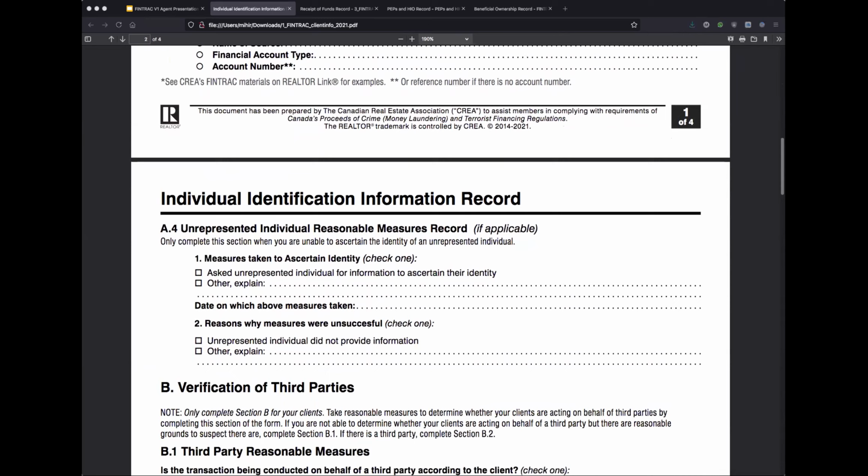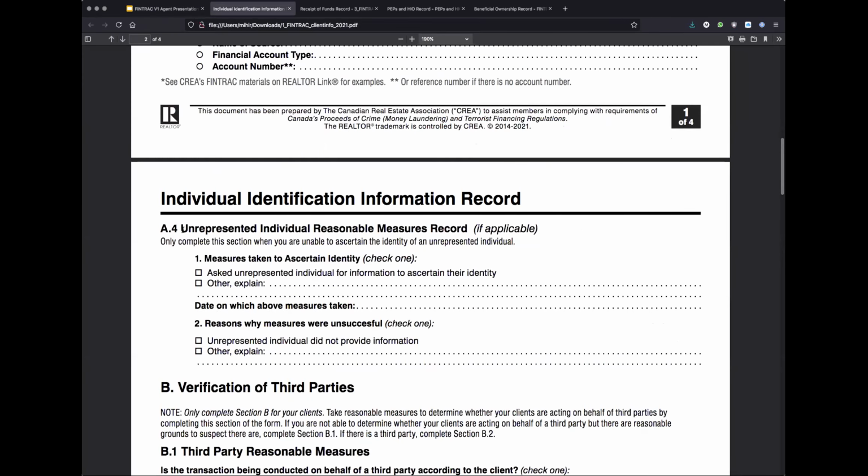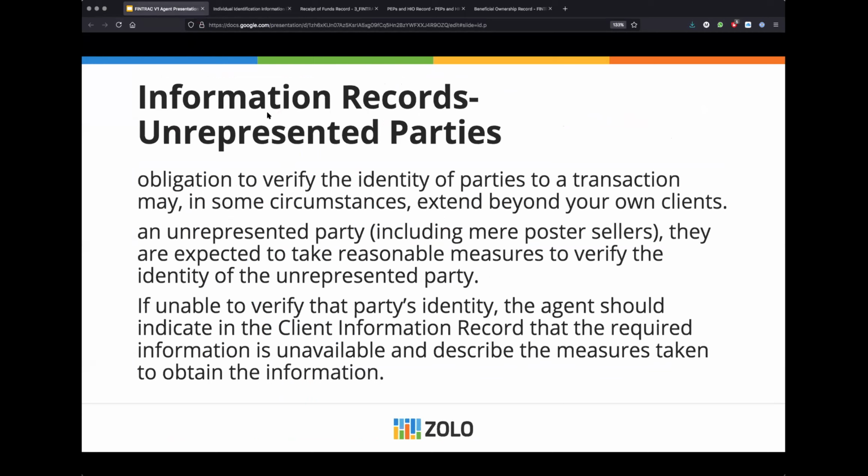Let's hop into unrepresented persons. So you can see A.4 is unrepresented individual reasonable measures record. An unrepresented person, as a real estate agent, you have an obligation to verify the identity of parties to a transaction that may, in some circumstances, extend beyond your own clients.